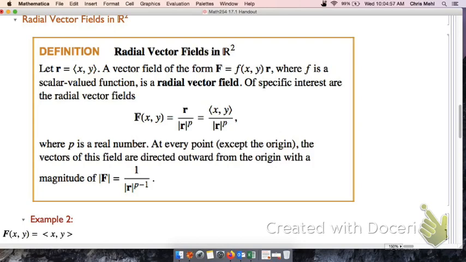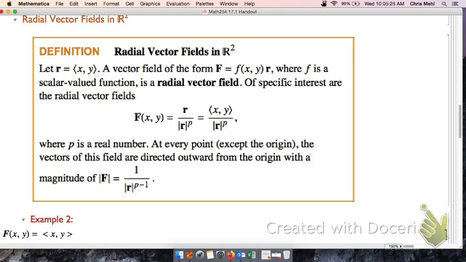Your outputs are real numbers. Then you multiply by r. I guess r is not really a vector valued function, it's a vector field. Remember, a vector valued function has a single independent variable t, whereas a vector field has 2 independent variables, x and y. But you can use any scalar valued function f. This is called a radial vector field.